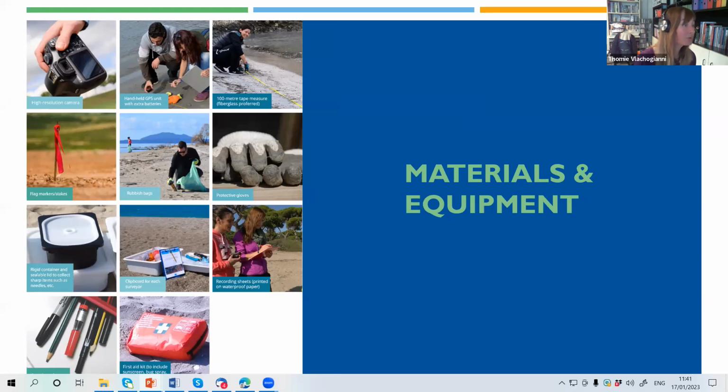So this is a high-resolution camera, for documenting the survey site but also for documenting some specific litter items, a handheld GPS unit, a 100-meter stretch measuring tape, flag markers to define the sampling unit, rubbish bags, protective gloves, some rigid containers in order to collect perhaps sharp items such as needles, clipboards, recording sheets, and if you have these items, you're set and ready to go.